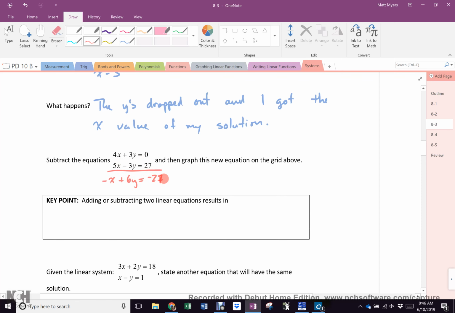Yes? Graph it. 6y equals x minus 27. Y equals 1/6 x minus 4.5. Correct? Because 27 divided by 6 is 4.5. Everyone agree? Everyone cool? Okay, graph it.